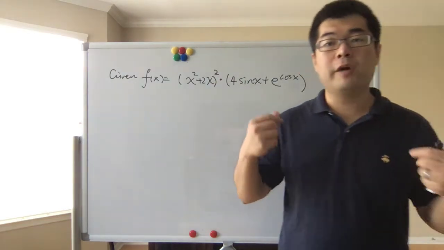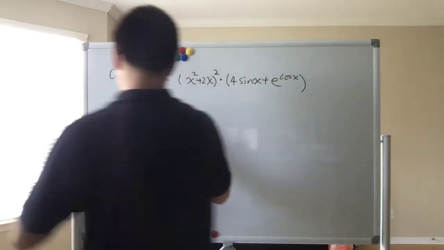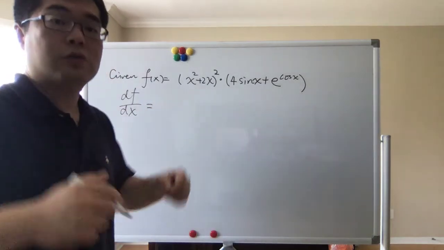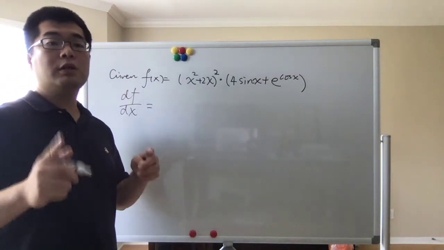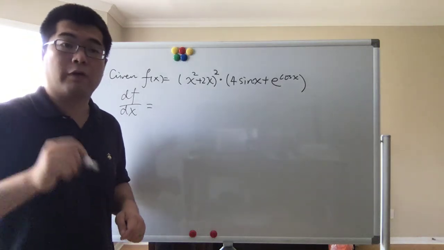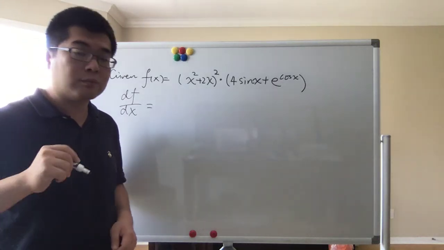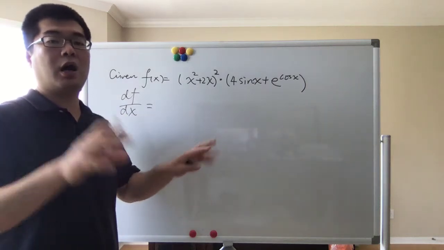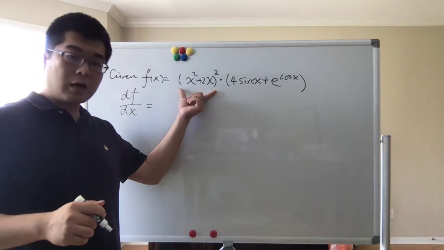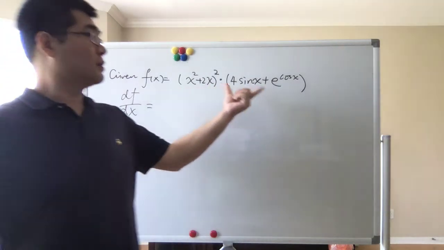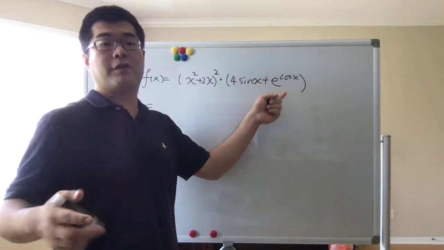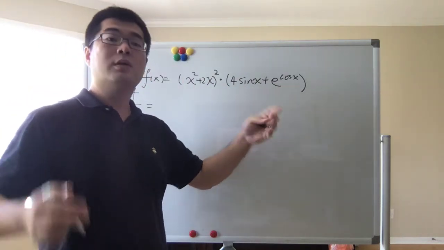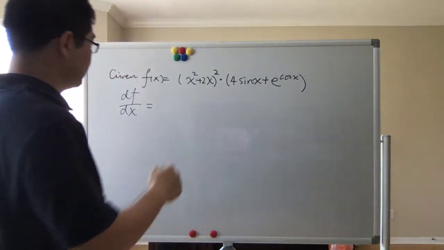So if we want to figure out, okay, what is df dx, to start with, we need to apply the product rule first, okay? That is very important to know, because the overall structure is a product of two functions. This is a composite function, still a function. This is a function involved with a composite function, still a function. So it's one function multiplied by another one. So product rule first.